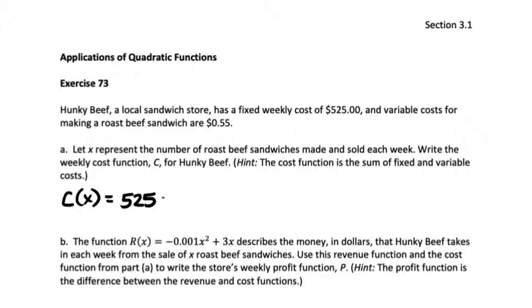And we also have the variable costs of 55 cents per sandwich. Now this is 55 cents for each sandwich, and X is the number of sandwiches. So I'm going to multiply 55 cents times the number of sandwiches. So plus 0.55 times X. And this is my cost function.